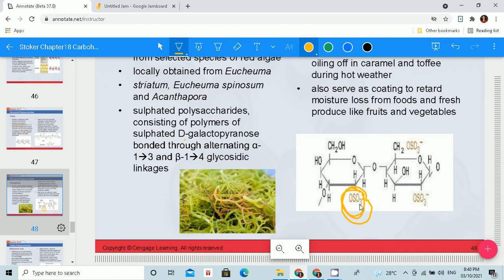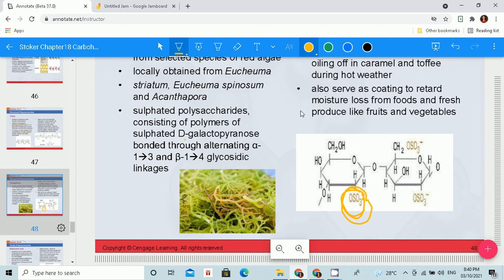If you have encountered this before, it is NH2 during the formation of amino sugar. Now this one is the formation of a sulfated sugar.